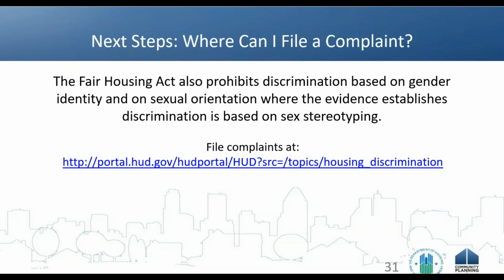So if you are seeing instances of discrimination because of somebody's gender or sexual orientation, then it's fully appropriate to file a complaint. And what I mean by that is that it's not on you to figure out whether it's based on sex stereotyping, but that language is important for the sort of investigation that occurs.